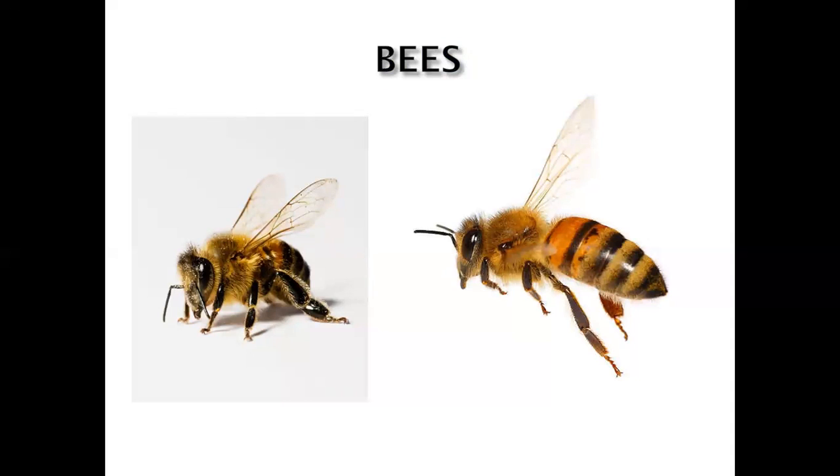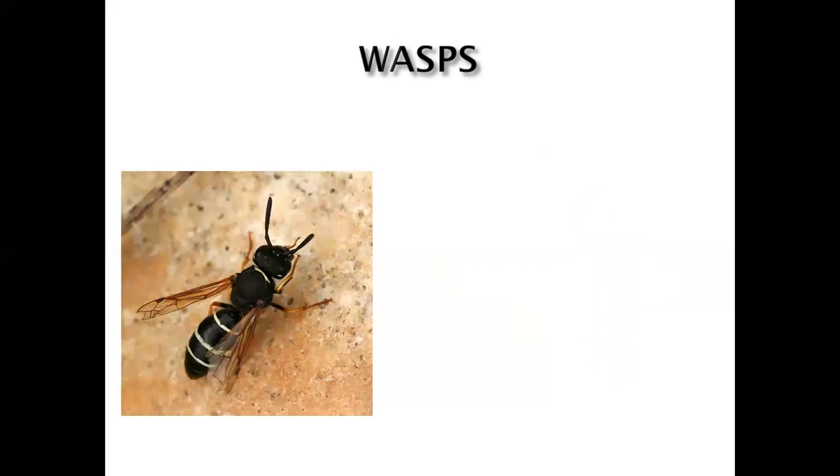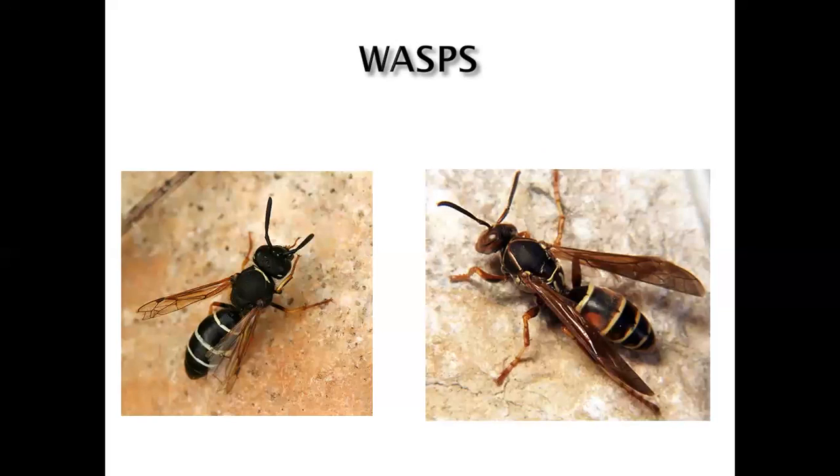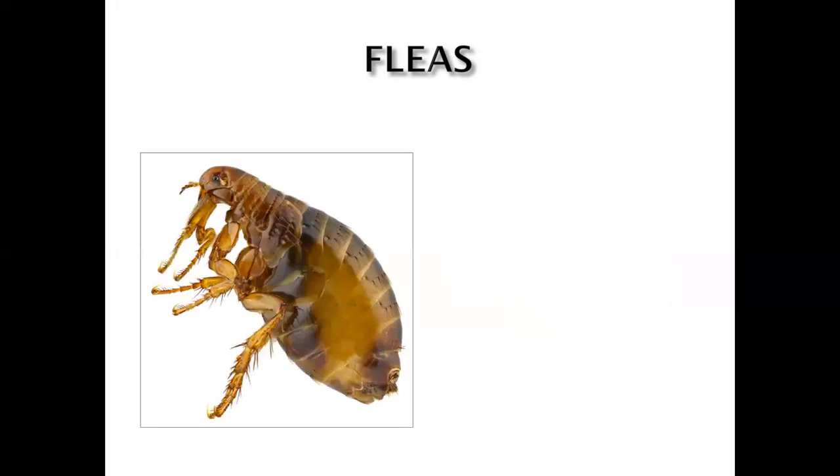Among the examples of insects with wings, we gave bees. The wasps also have wings on their bodies. We also gave fleas, but the fleas do not have wings, so fleas are examples of wingless insects.